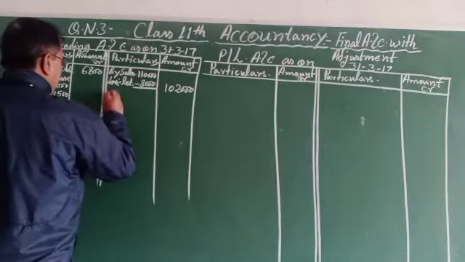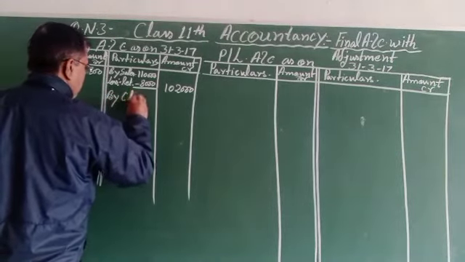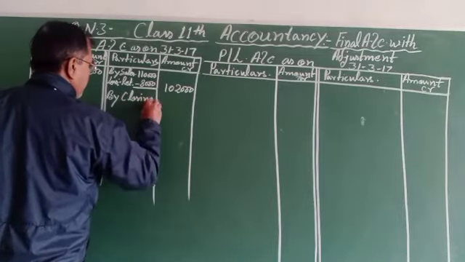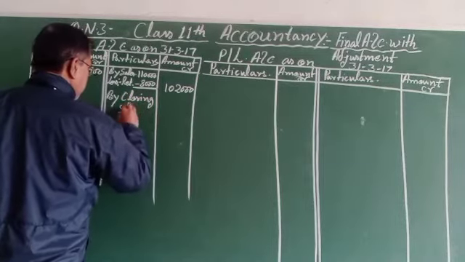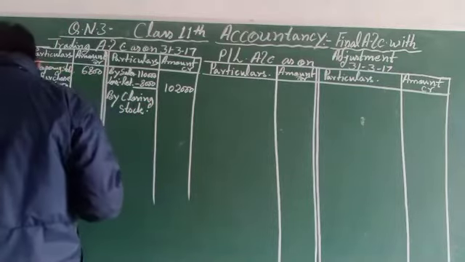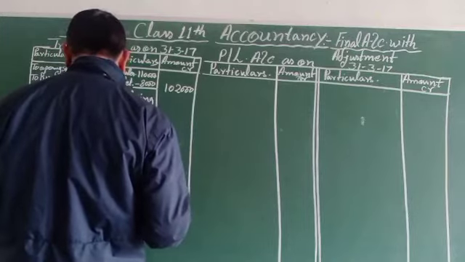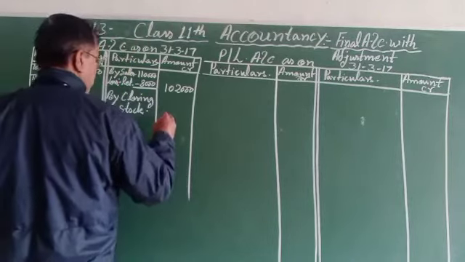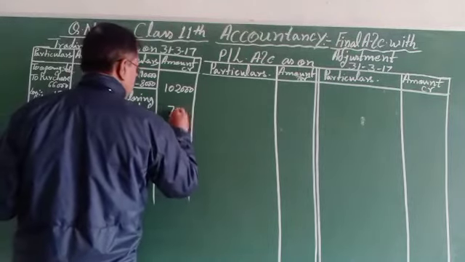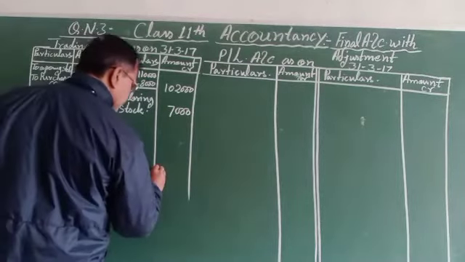And then after, in additional information, by closing stock. In additional information that is given, closing stock 7,000. 7,000, and you can add this one.